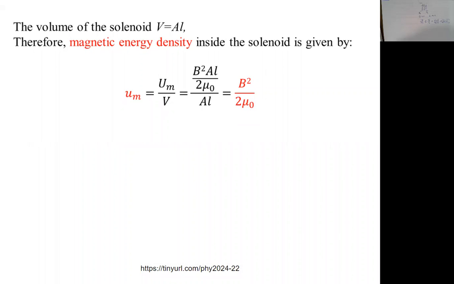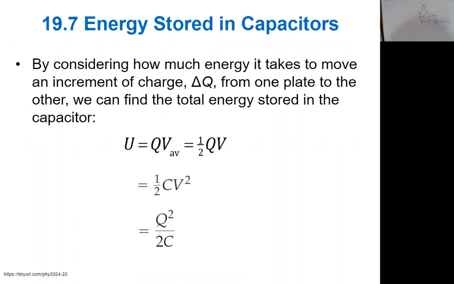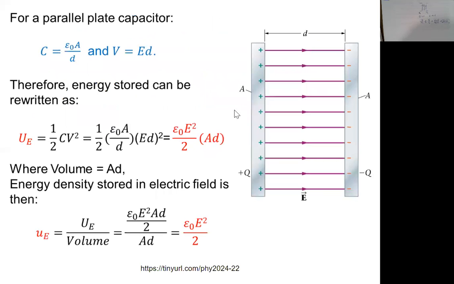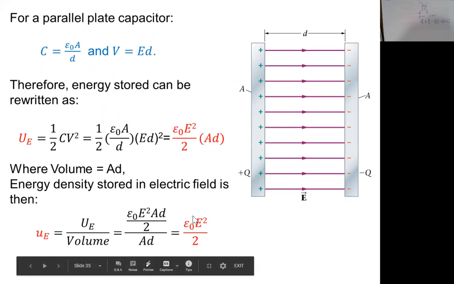And this might look familiar to you guys, because when we talked about energy stored in the electric field, for the energy stored in the capacitor, which we derived two or three chapters back, the energy density in the electric field is epsilon naught times E squared over 2.